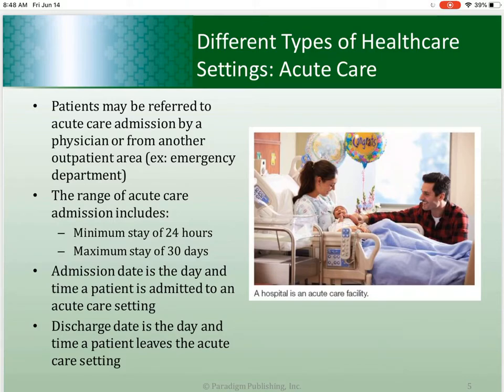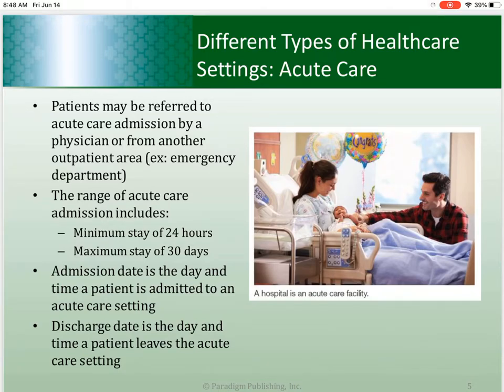For example, if a patient dies before treatment, this patient is still considered acute care because the physician planned for the patient to be admitted. The day and time the patient is admitted to the acute care facility is the admission date. The admission registrar is the initial contact with the patient, which is in part why this interaction is increasingly referred to as patient access.